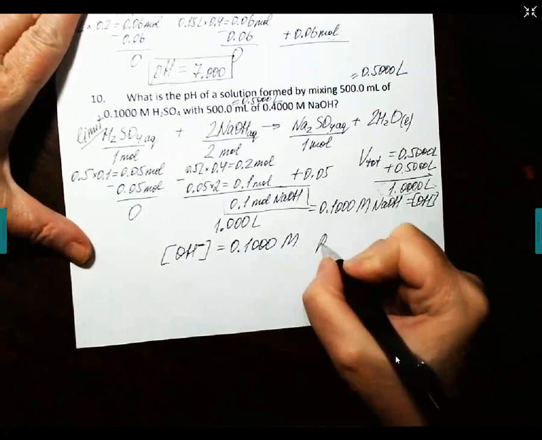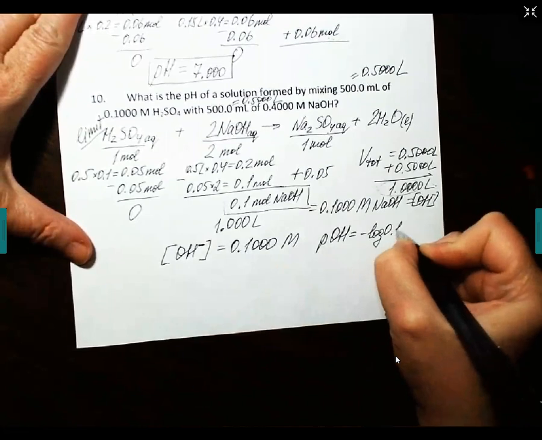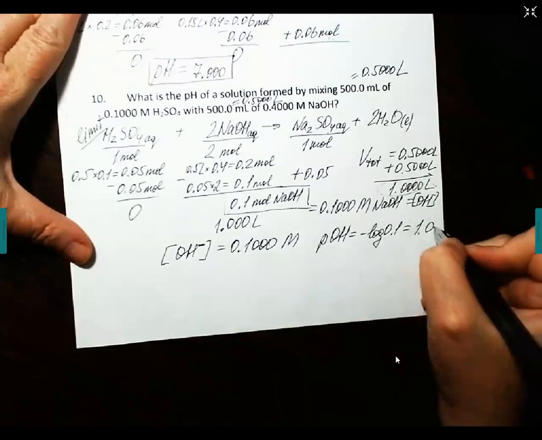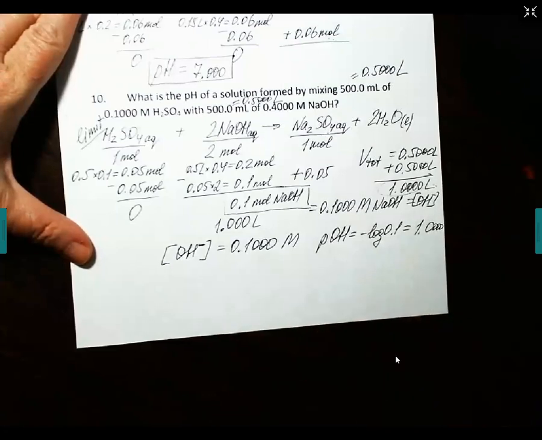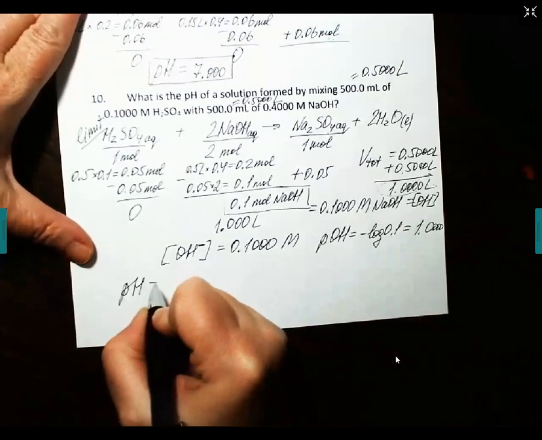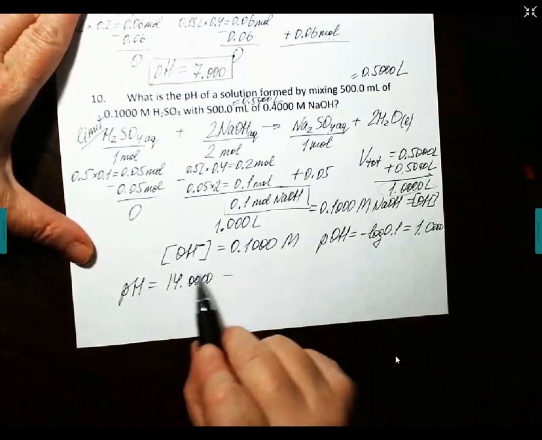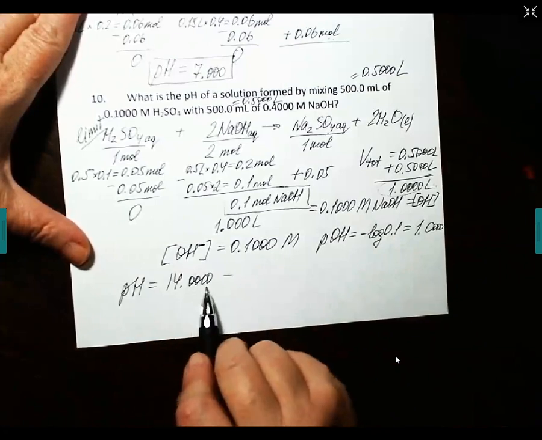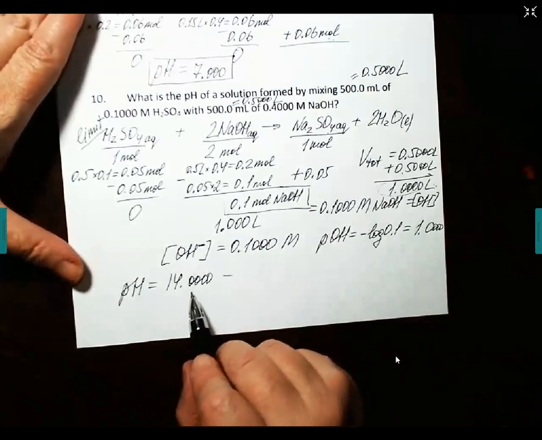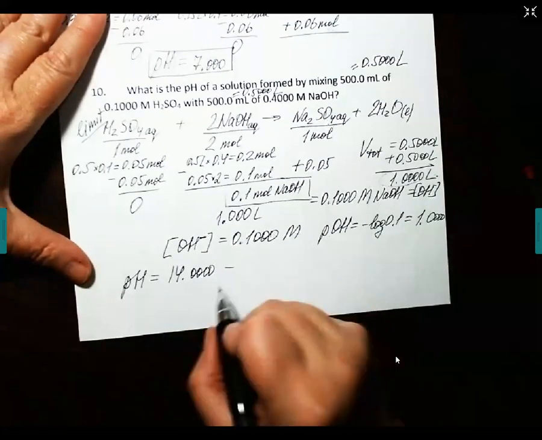So we can calculate pOH, which is negative log of 0.1, or 1.0, and we need 4 zeros because we have 4 significant figures. In fact, this is too many zeros. We can never get this accuracy for determining pH, but it is just theoretical.